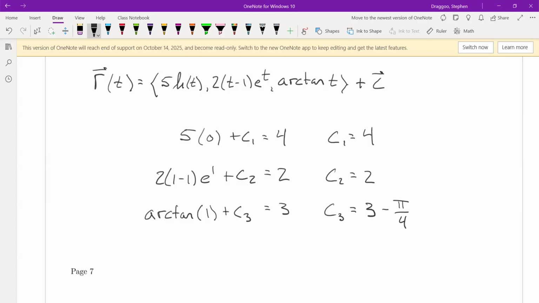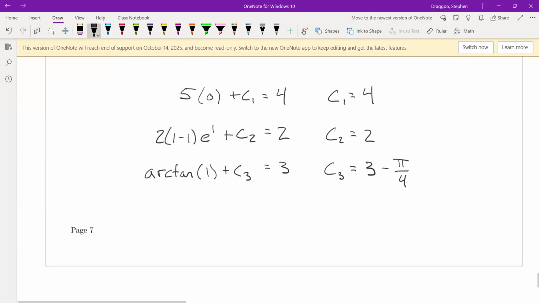So c3 must be 3 minus pi over 4. So I can come back down and write in my final form of the function.